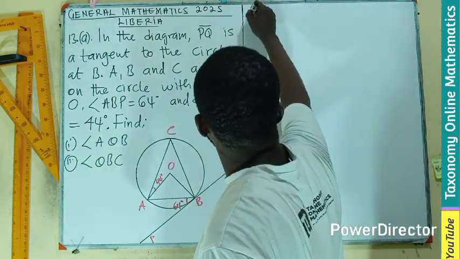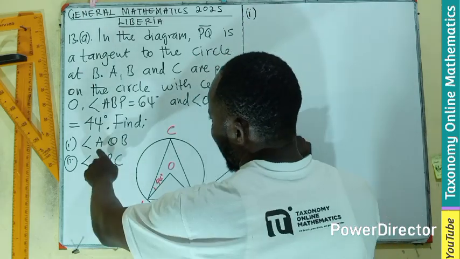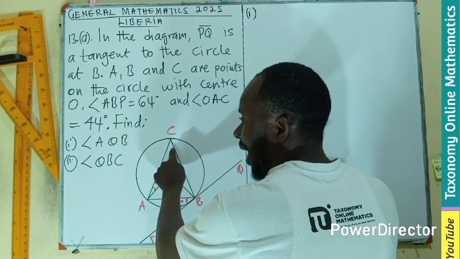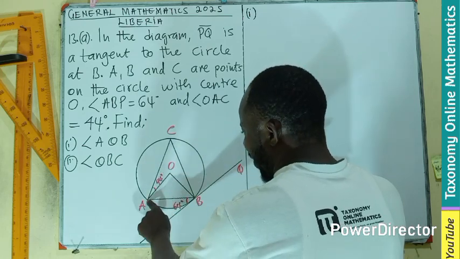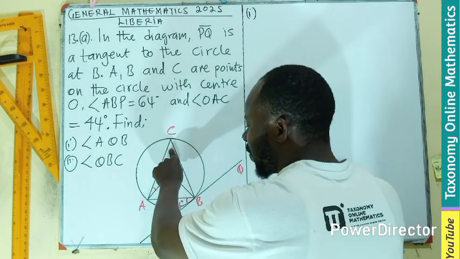For Roman number 1, we are looking for angle AOB, the angle at the center, which is twice the angle here. We know the angle between a chord and a tangent equals the angle in the opposite segment.